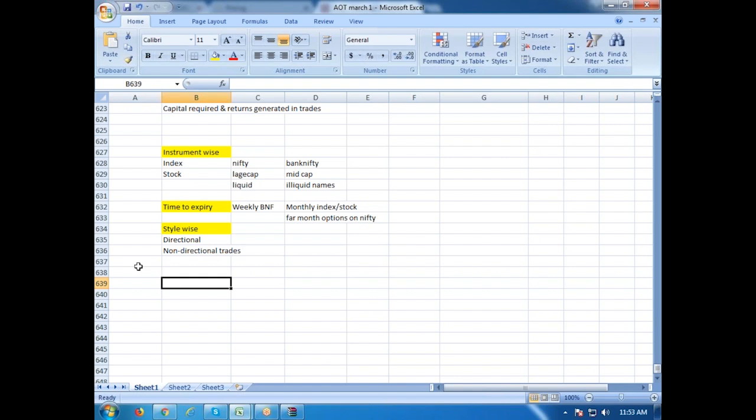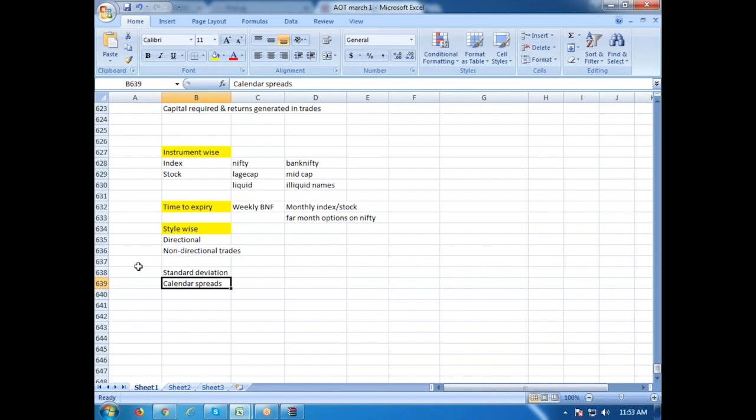There's one more strategy that we are going to focus today. That is called calendar spreads. And then we'll talk about standard deviations. Calendar spread, as the name suggests, you buy into 1 month, you sell into another month.